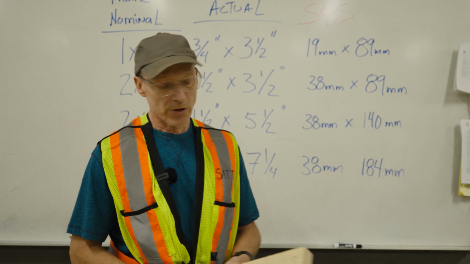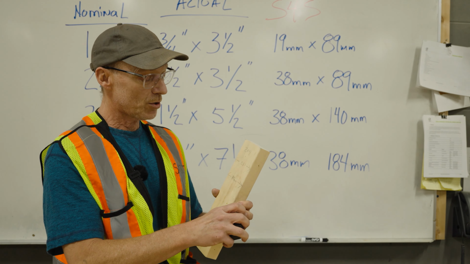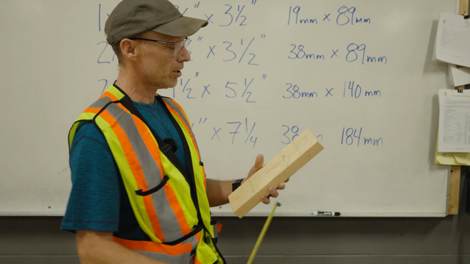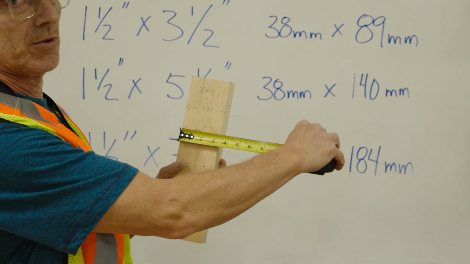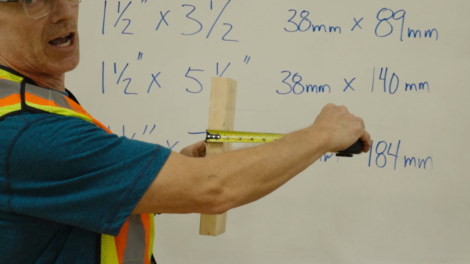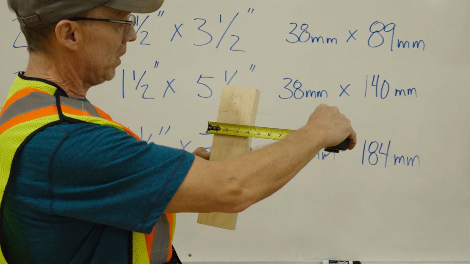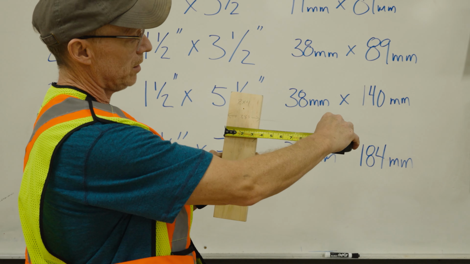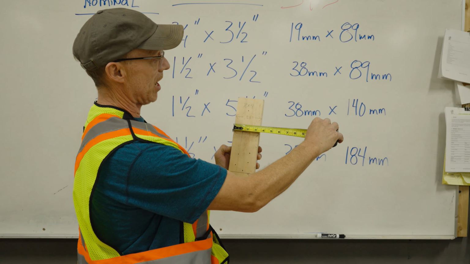If we come to another common size, here we have a 2x4, probably the most well-known piece of lumber in North America. Instead of 4 inches, it's 3.5. And its thickness remains the same at 1.5. So 1.5 actual, 2 inches nominal or its name, 4 inches wide being its name, 3.5 being its actual.